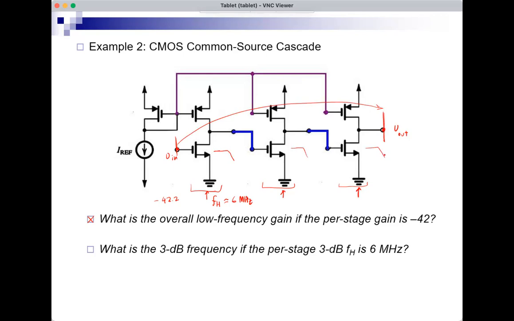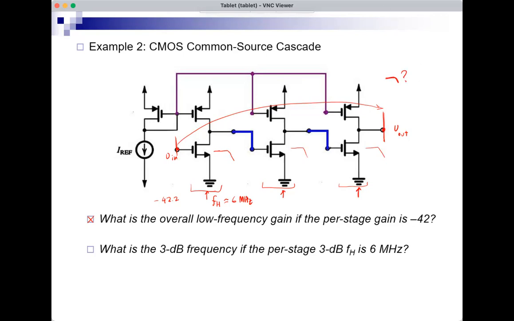So at what frequency would the gain V out over V in start to drop? What is the 3 dB frequency for this? Is it the same as the individual frequencies? Is it larger? Is it 6 times 6 times 6? Is it 6 plus 6 plus 6? Is it 6? Is it smaller?